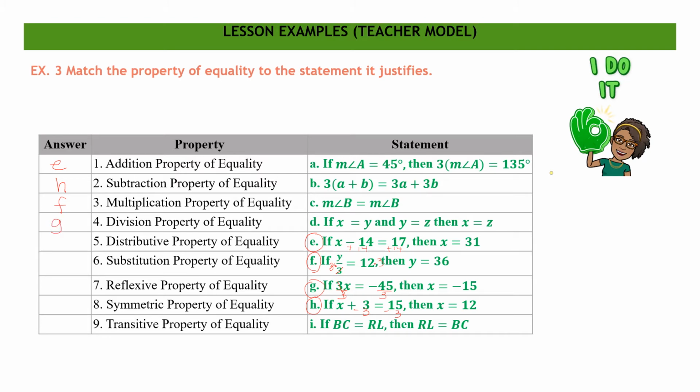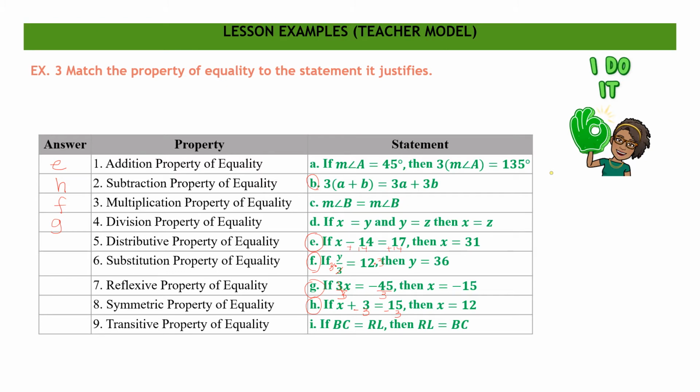All right, next one is distributive property of equality. So that means that I'm looking for a statement where I have a constant or some type of value on the outside of grouping symbols, and then I would have to move that constant or variable into my grouping symbols to distribute it. So if I look at my statements here, I can see that B here is an example of that.